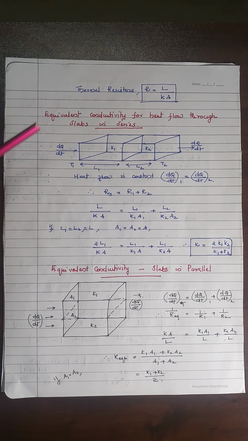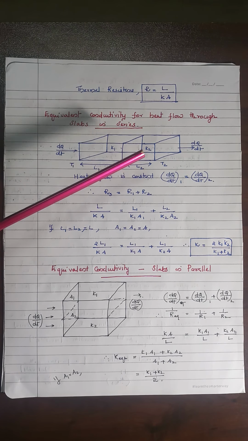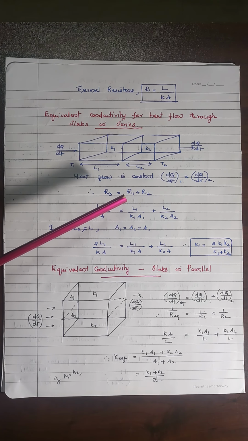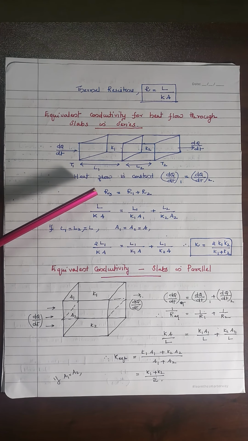Look at the two problematic situations. We have to find the equivalent conductivity for heat flow when the slabs are in series and then in parallel. In series, keep in mind, at any cross section the heat flow is a constant. So for the two different layers, dq by dt for one should equal that of the other. And hence, like in electricity, we have to add the individual resistances.